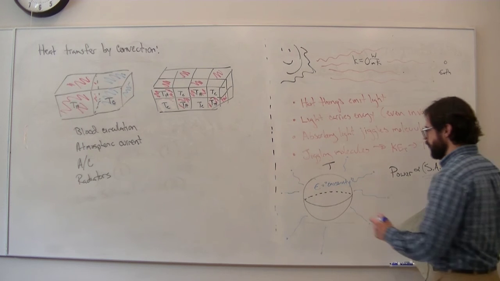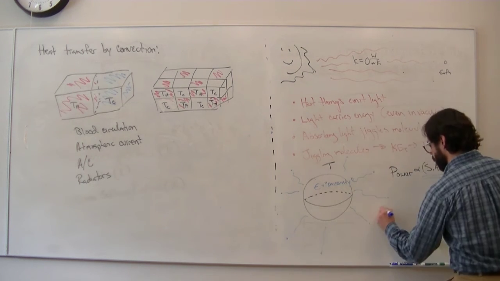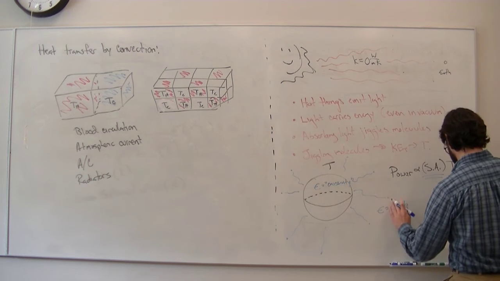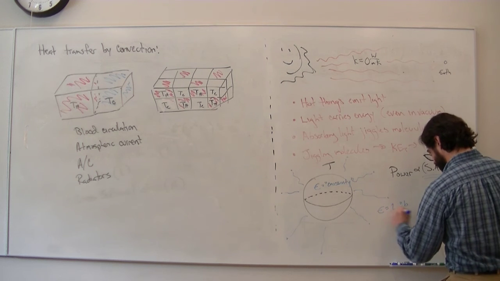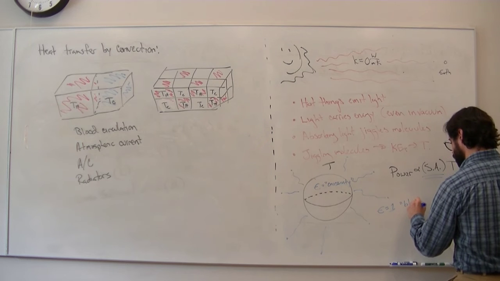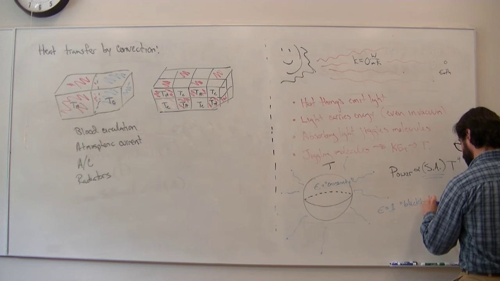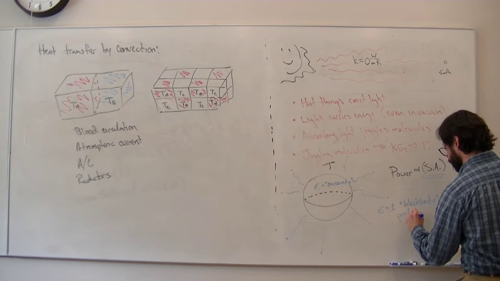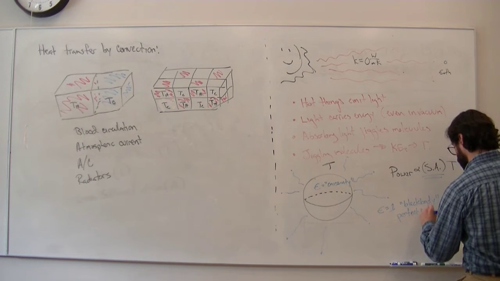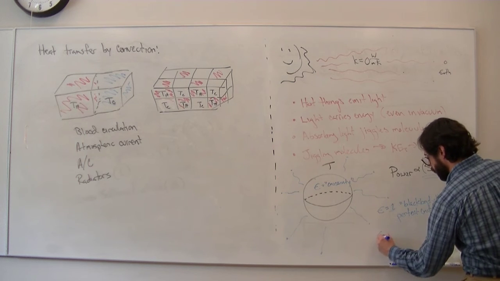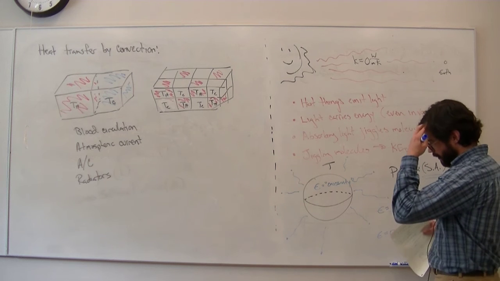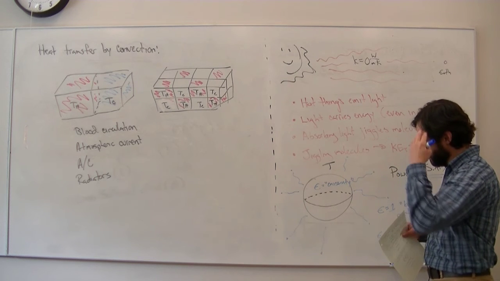So an emissivity of 1, sorry, that's what's called a black body, which means you're a perfect emitter. And an emissivity of 0 would be that basically you never emit a photon.